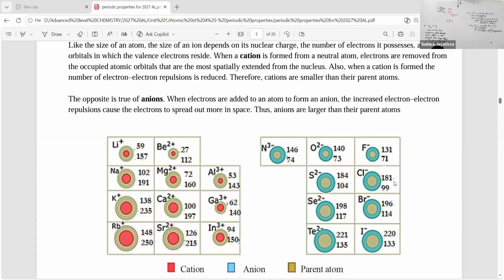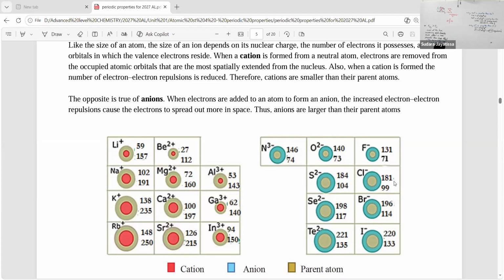Now, what we expect is the anion to be larger. But this point shows anions are large, no problem, but not as large as the next period's first element. The next period's first element is the biggest one. That point may be valuable sometimes, not sure. They are not asking it so far, but one year they asked one of the extra points.